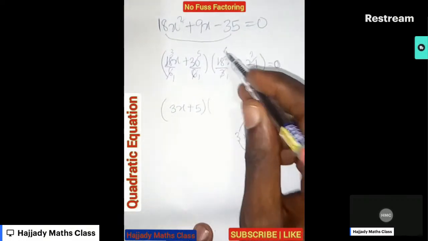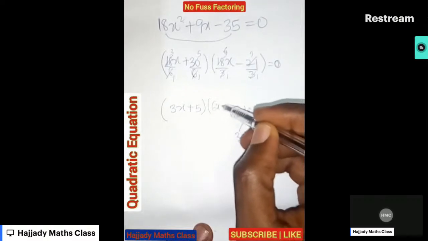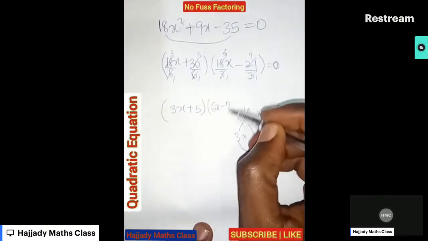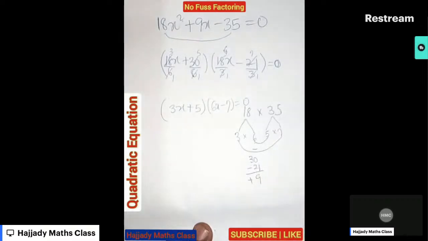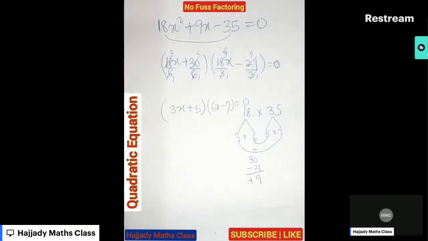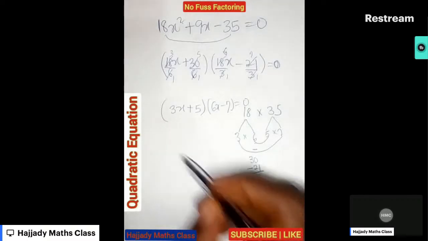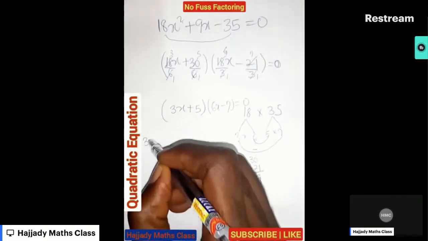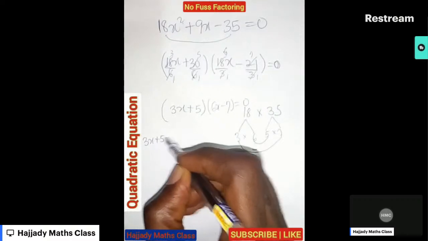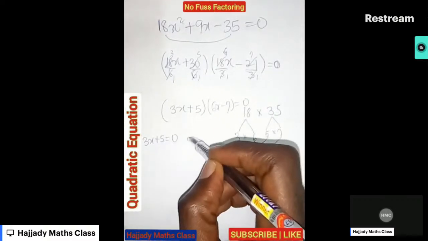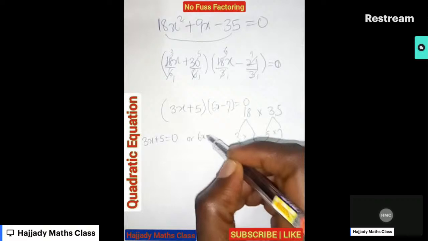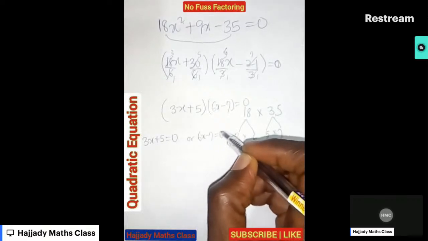So we are left with 6x minus 7 equals 0. Simplifying this further, we can equate each of them: 3x plus 5 equals 0, or 6x minus 7 equals 0.